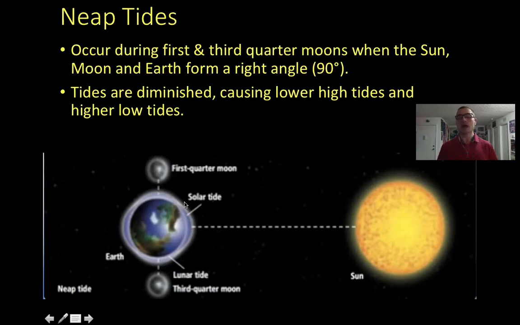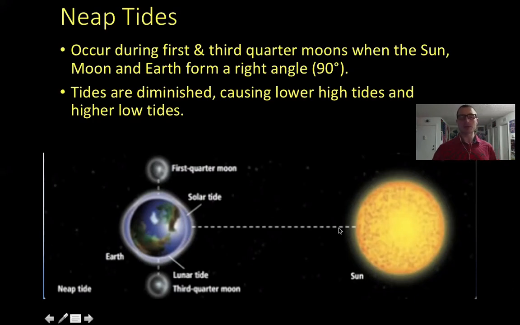Okay, so now instead of the sun and moon working together to pull the ocean waters on the same plane, they're going to be pulling at different angles, different points of view. Okay, so this is going to cause, like I said, our tides to be more moderate, lower high tides, and higher low tides. So if you know one, simply put, the other is the opposite.